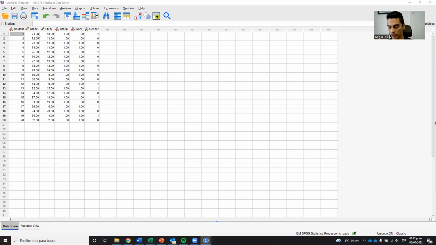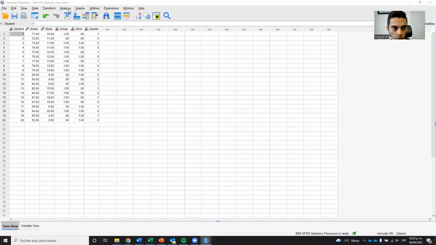It's not a regression. It is just comparing the means with what we call the t-test. I think that you should also check the video about data analysis on the t-test, but we are going to test if there is a significance between the average grade that you can get, depending if you are a boy or a girl.